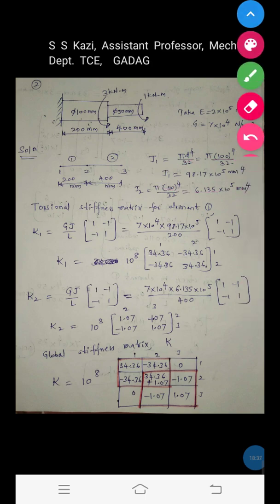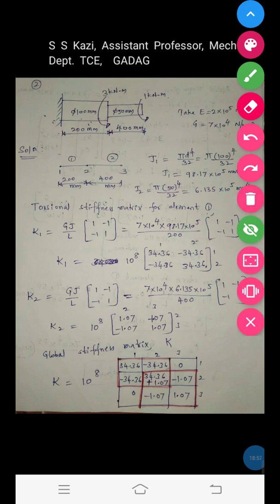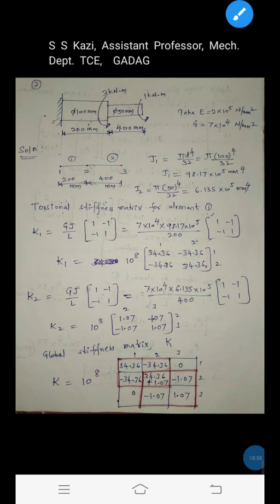You substitute 98.17 into 10 raised to 5 here. G is 7 into 10 raised to 4, J is 98.17 into 10 raised to 5 for element 1, and the length of element 1, that is the first step, is given as 200 mm. Then you substitute length 200 mm into the matrix [1 -1; -1 1], and if you calculate the ratio, we get 34.36 into 10 raised to 8.